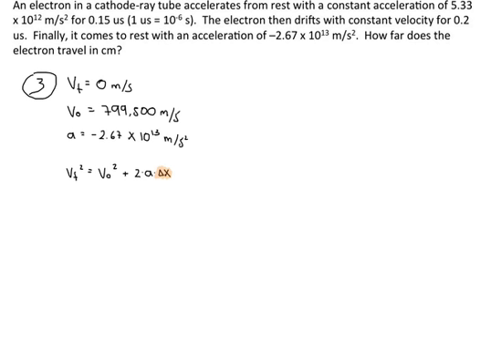So you plug in your numbers after figuring out that you have pretty much everything. So final velocity squared is equal to the initial velocity squared plus 2 times the acceleration. Notice that in this situation the acceleration, and let me point that out again, is negative 2.67 times 10 to the power 13, times the displacement.